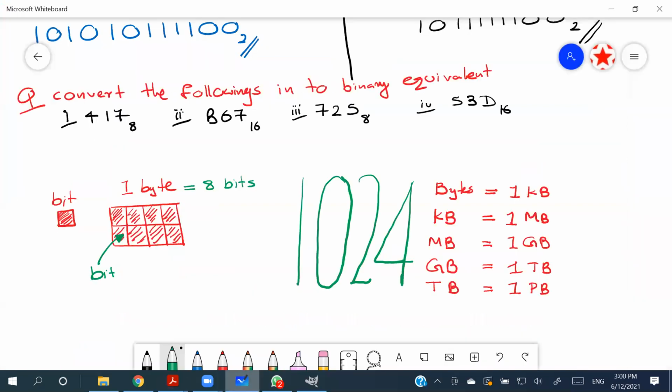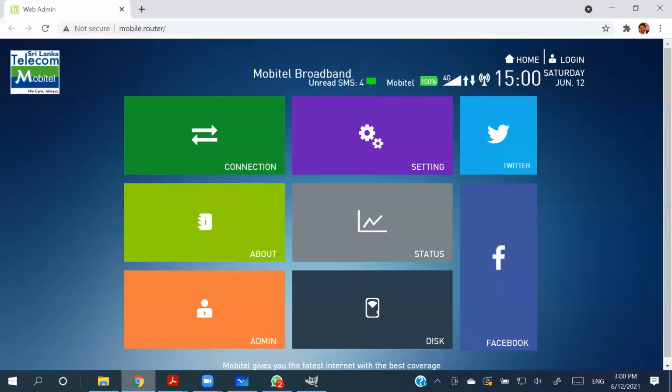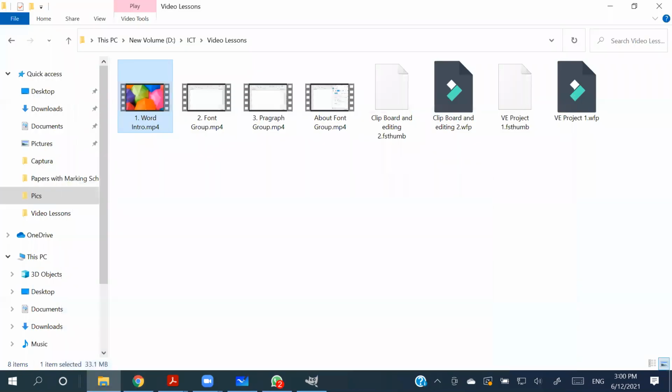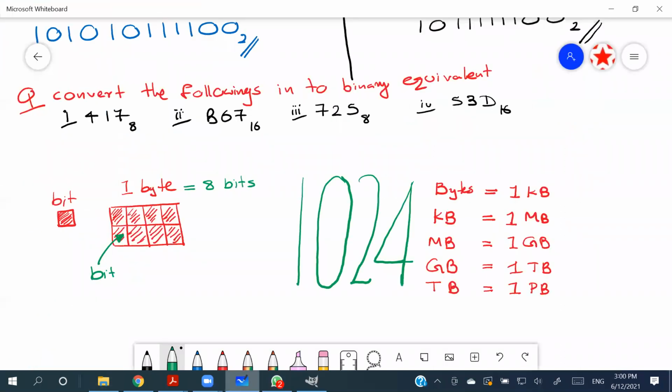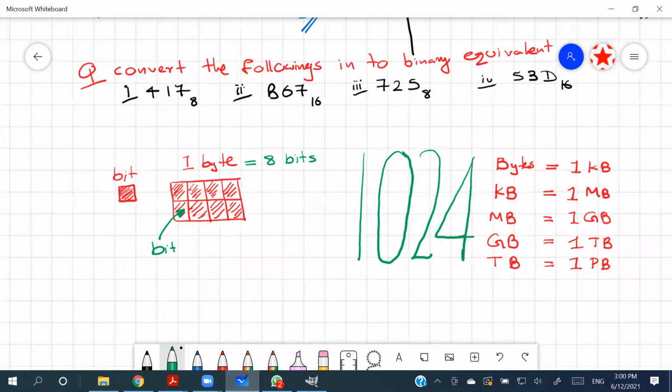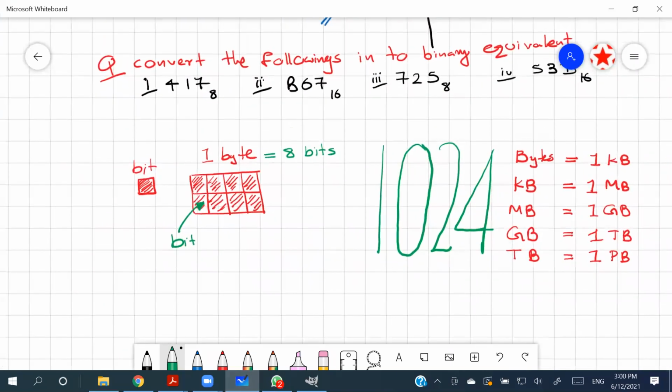So I want you to write this. Before we write this, let's draw this picture a little. Hold on. I think it's better I give that picture to you. Right.